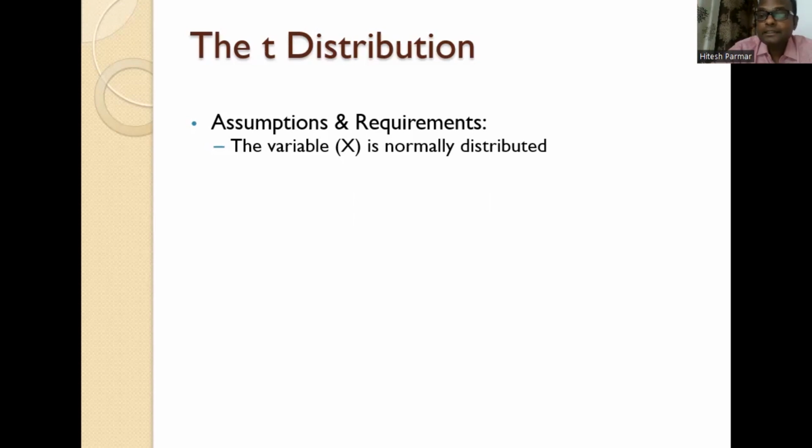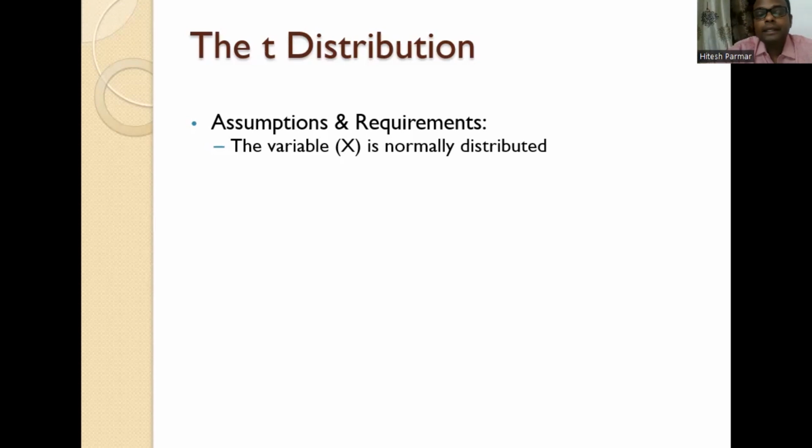The statisticians recommend that in that situation, you can go for a t-test if the data are normally distributed. So we need to test our variable, whether it is normally distributed or not, when we are applying a t-test for a sample size greater than 30.